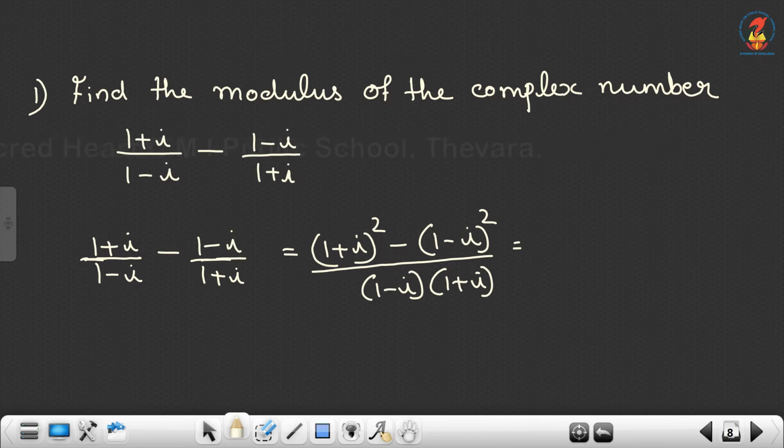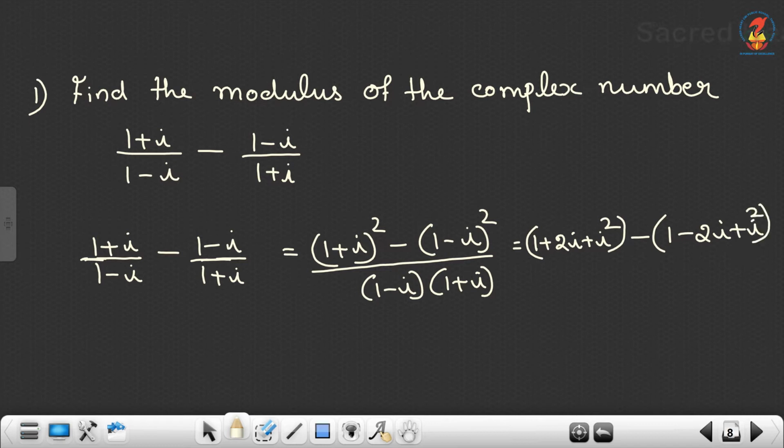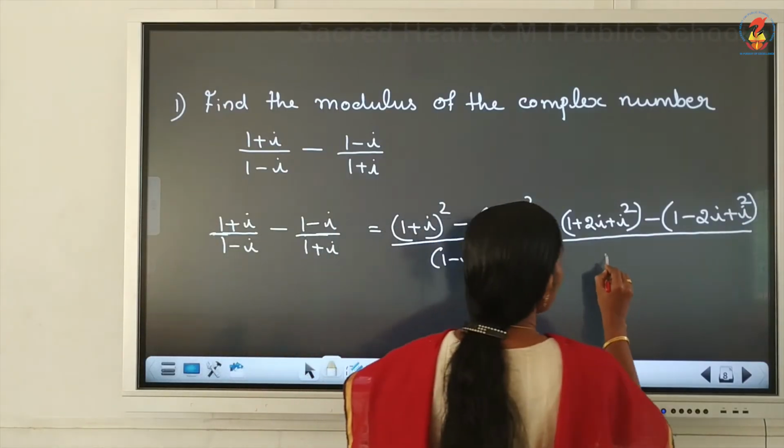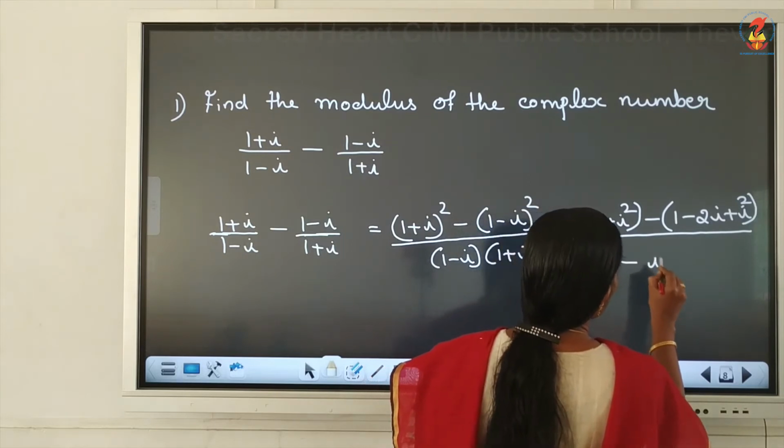Now expand. (1 + i)² is a² + 2ab + b², minus, we put a bracket here, again a² - 2ab + b², and the denominator is of the form (a - b)(a + b), which is a² - b².